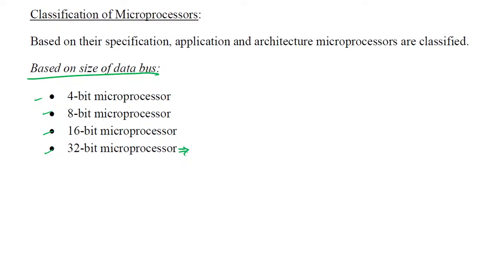For example, the microprocessor in your computer system, like Core i3, Core i5, Core i7 or Core i9, are all 64-bit processors. The 8-bit microprocessor is your 8085, and the 16-bit microprocessor is your 8086. These are examples of categorizing microprocessors on the basis of the size of the data bus, or you can say the size of the word.